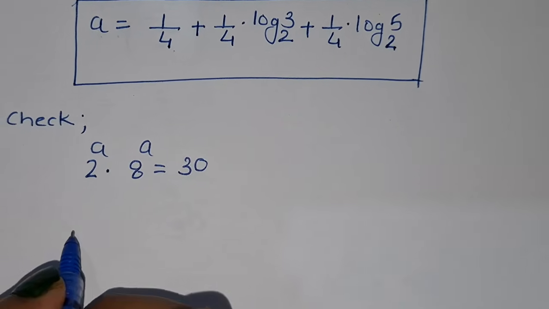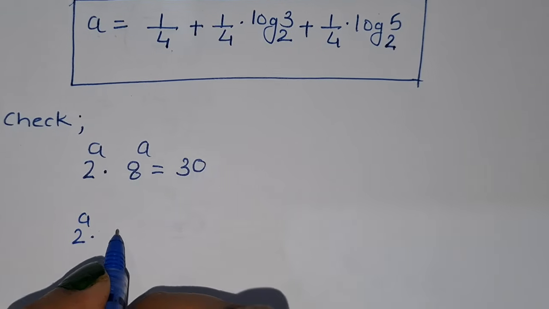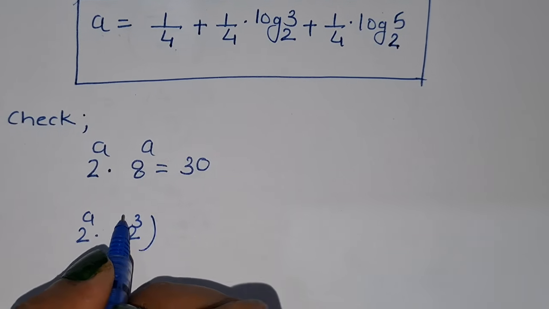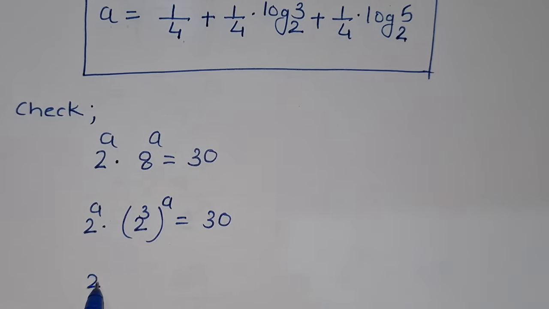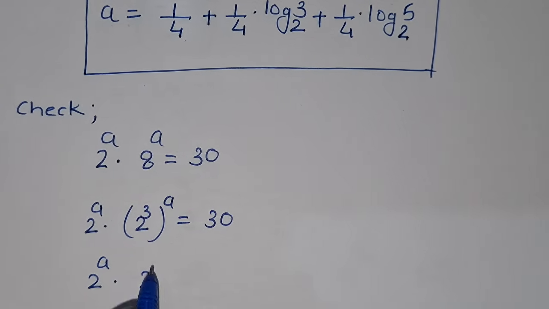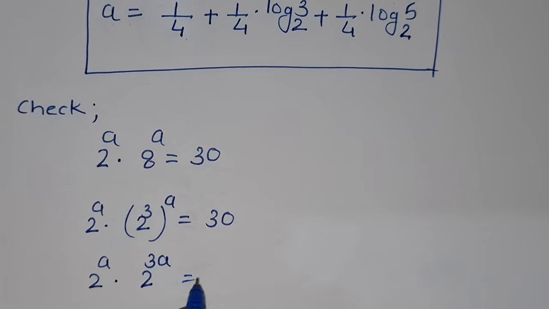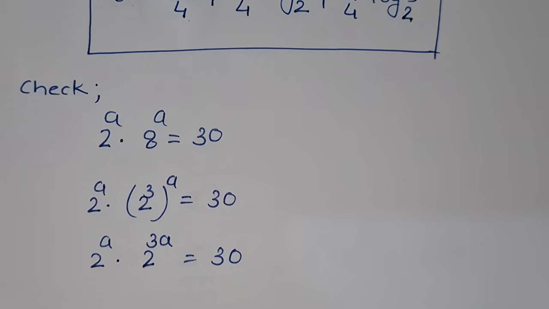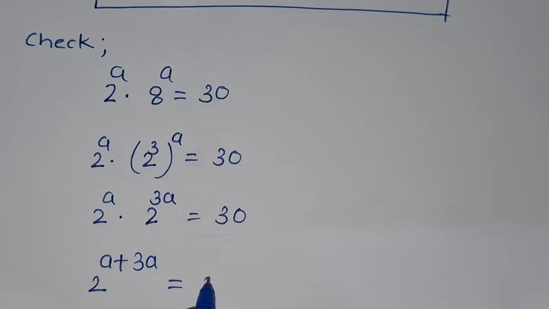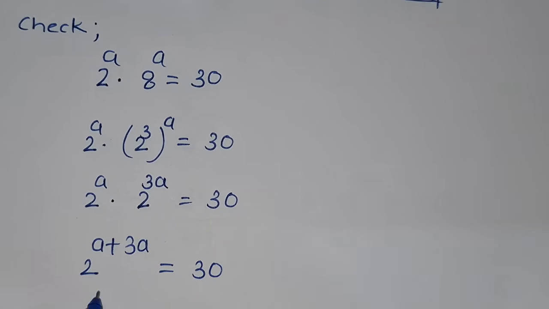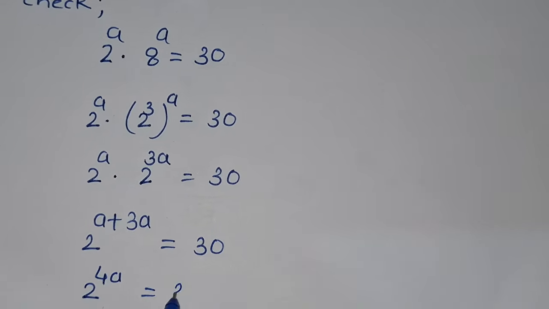So it becomes 2 power a times 2 power 3a is equal to 30. Now 2 power a plus 3a, so 2 power 4a is equal to 30.